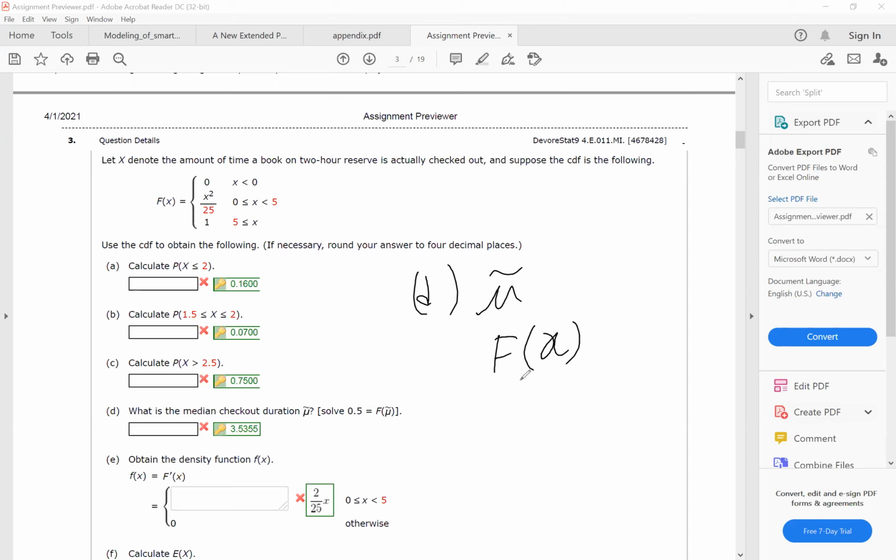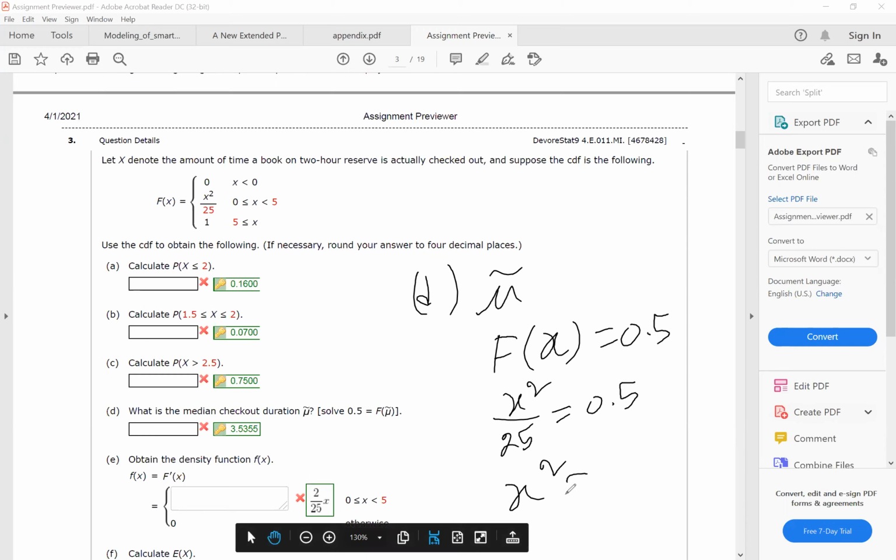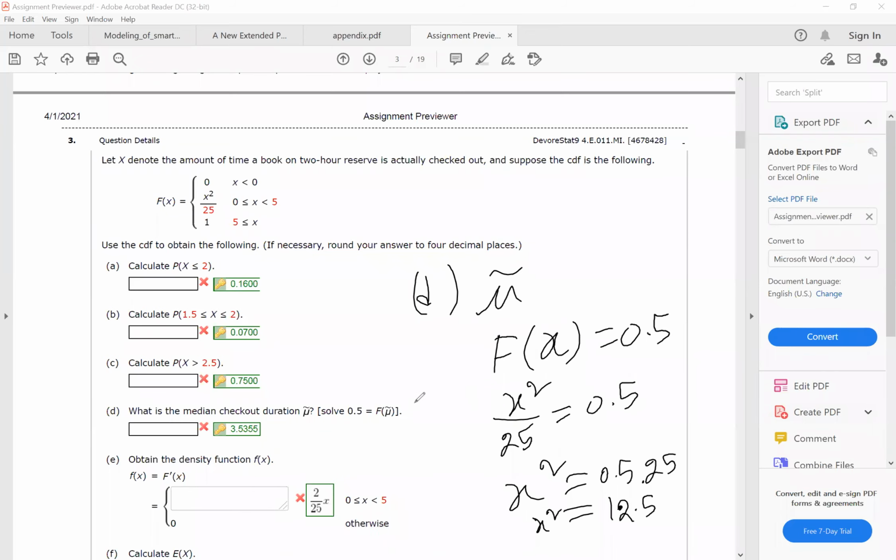So we have to find the value of x for which F of x is 0.5. That means x squared divided by 25 is 0.5. So x squared is equal to 0.5 times 25, which is 12.5. So x will be just the square root of this number.